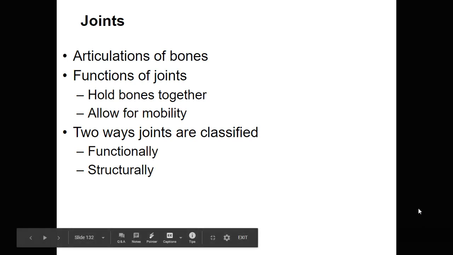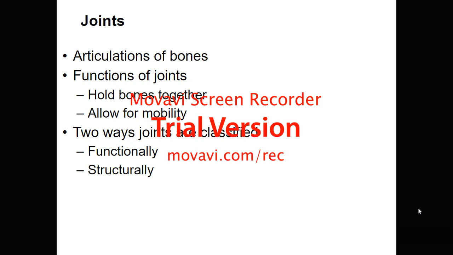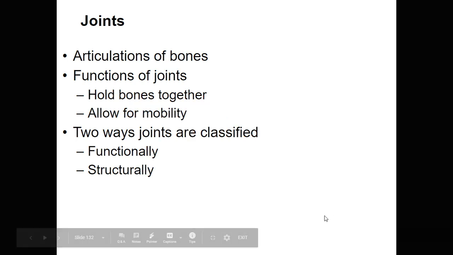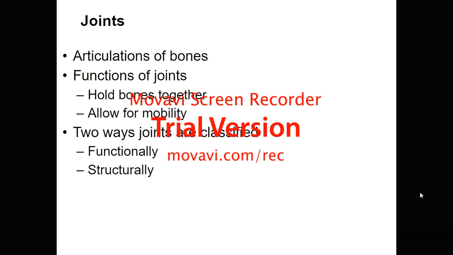So where we left off, we were still talking about chapters 6, 7, and 8. And we've actually already discussed chapters 6 and 7 in our normal class. So we're on slide 132 now, and that is the beginning of chapter 8, and chapter 8 deals with joints.